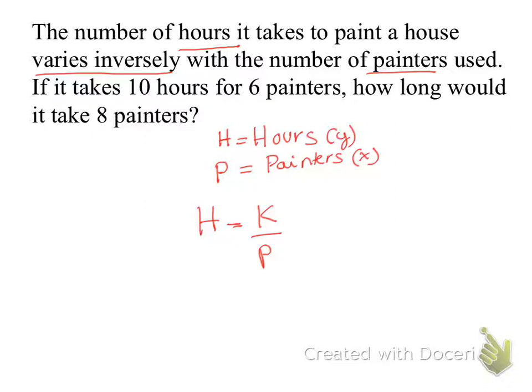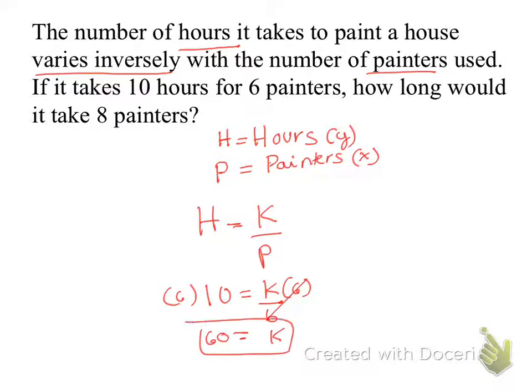Now, if it takes 10 hours, what do I substitute in? 10 equals k over 6. Now what do I do? Multiply both sides by 6. K is equal to 60. And then I get h equals 60 over p.